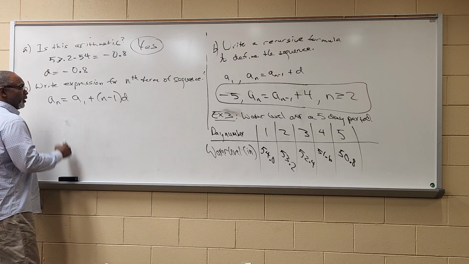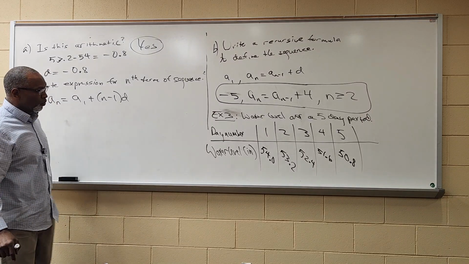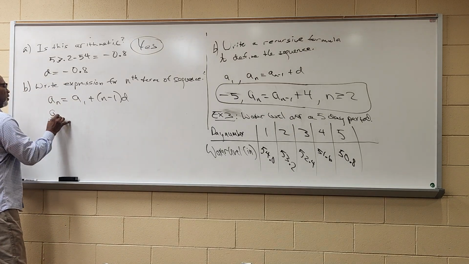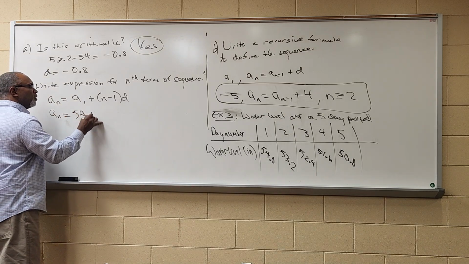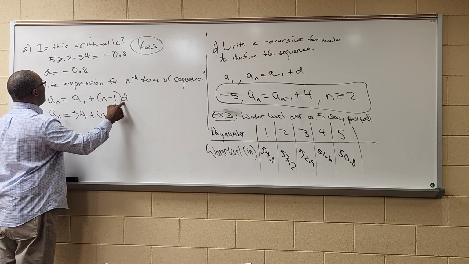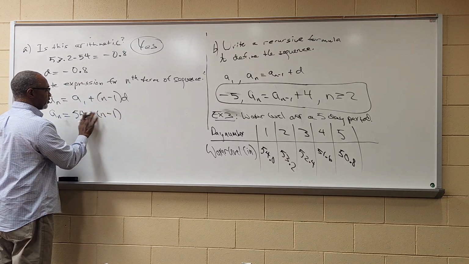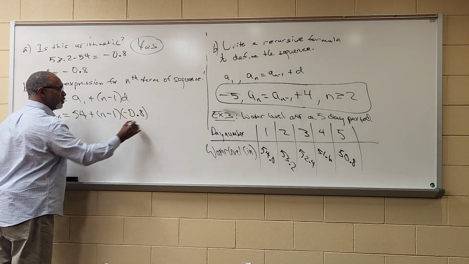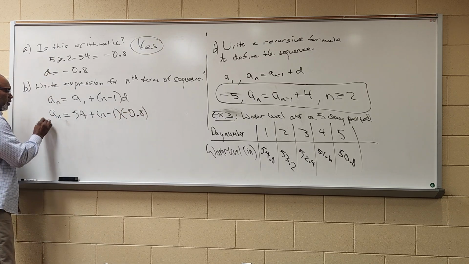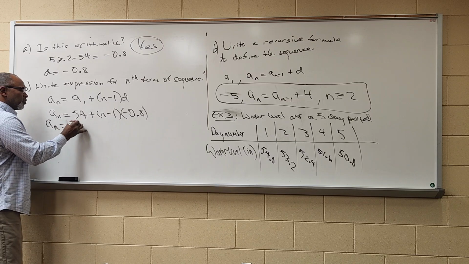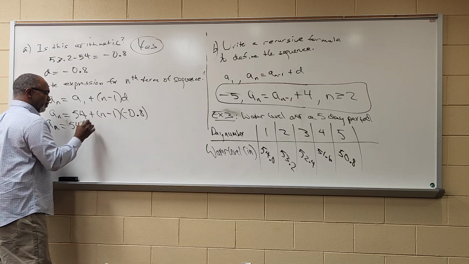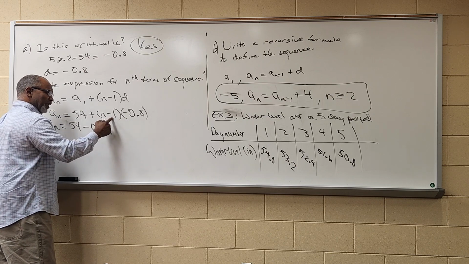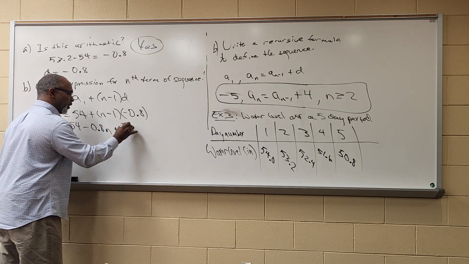Well, I know what A1 is. A1 is 54. So AN would be 54 plus N minus 1 times D, which we just figured out is negative 0.8. Let's clean it up. Negative 0.8 times N is minus 0.8N. Negative 0.8 times negative 1 is plus 0.8.